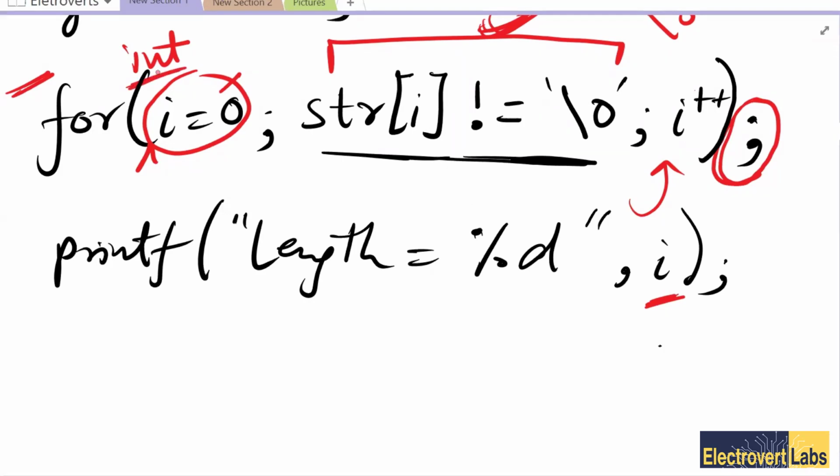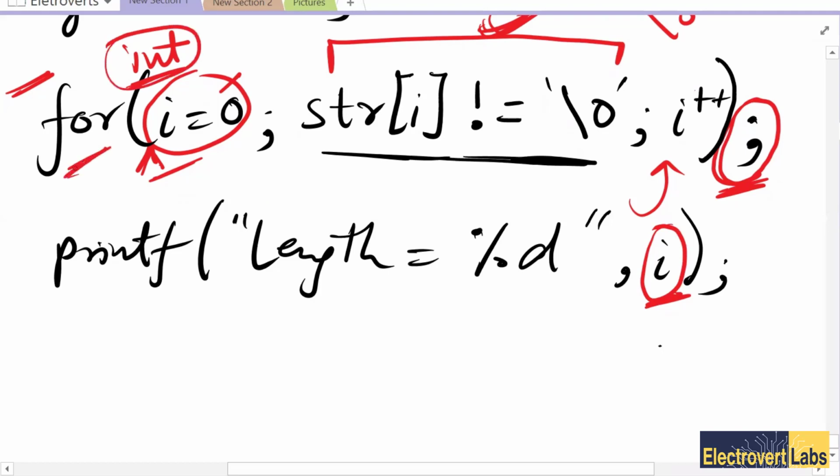This is because it will take an ASCII value. No. See, if we declare it here, this means what? It becomes a local variable for this for loop. So as soon as this for loop gets terminated, this I variable will be deleted. It will decay. So you cannot print it after the for loop terminates. If you declare it here, it is a local variable of this for loop.